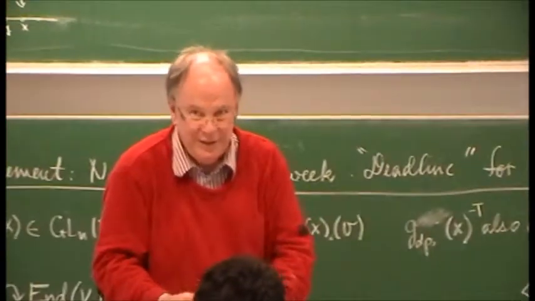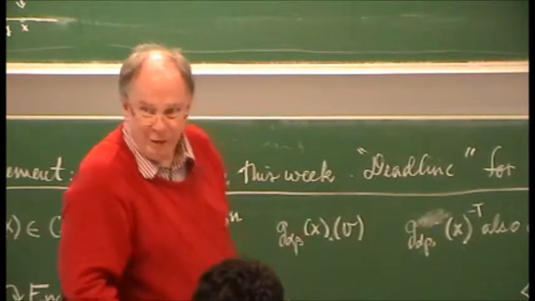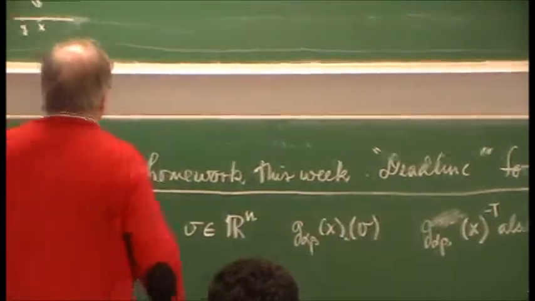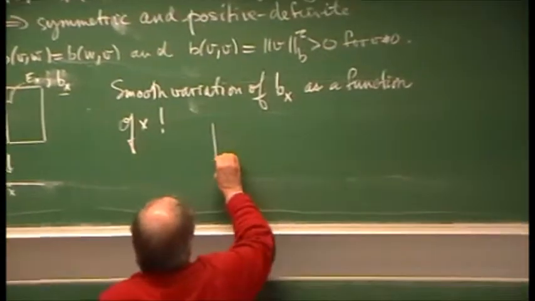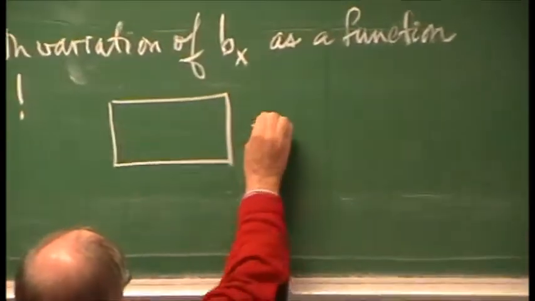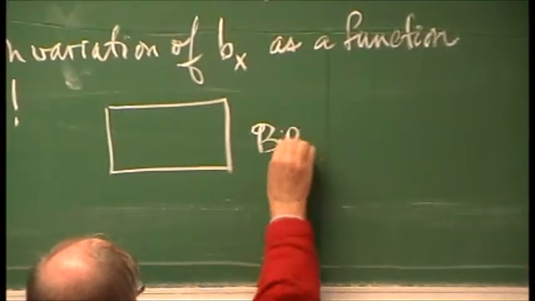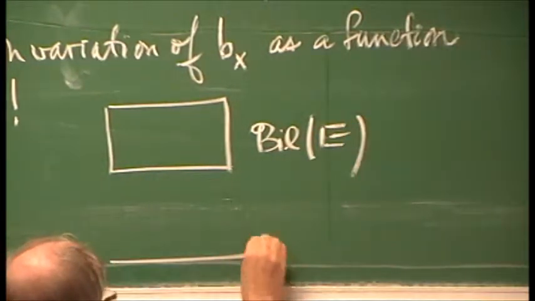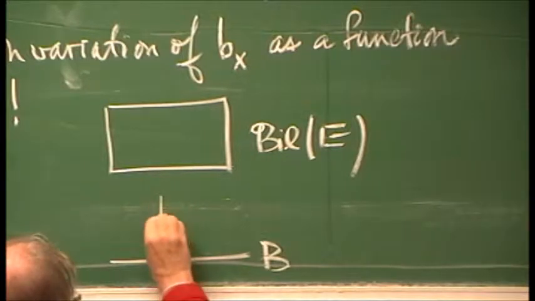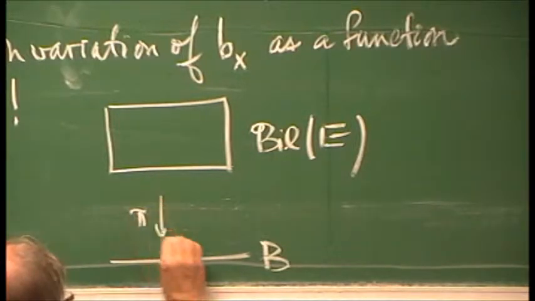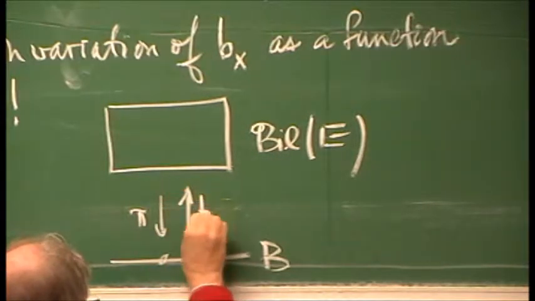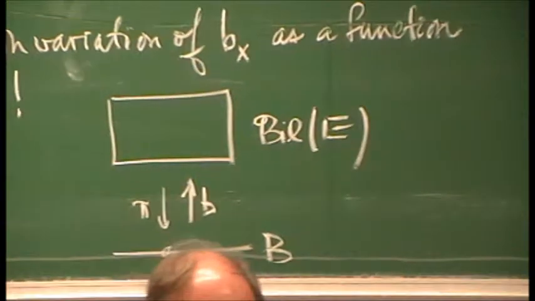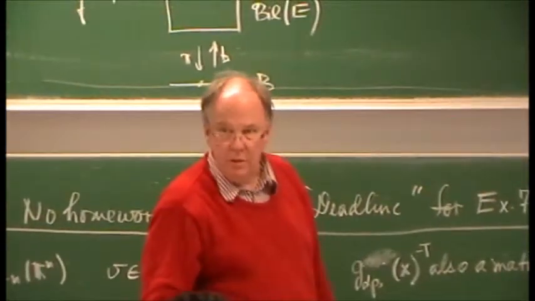Now the wonderful thing is, we don't have to think. That's always nice. Because what I do is, I say, look, hey guys, here's the bilinear form bundle. Here's the base. Here's the projection. And the bilinear form is a section of this bundle, a smooth section of this bundle.